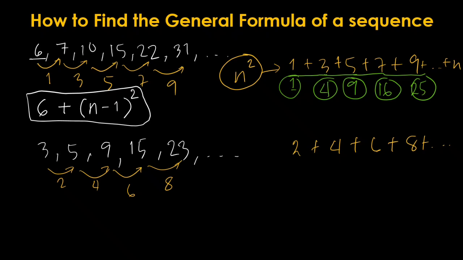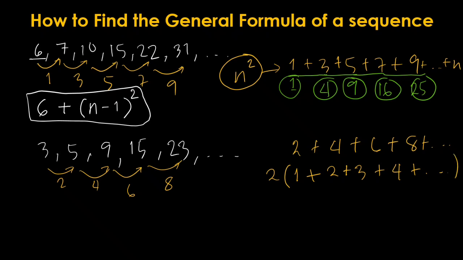Now, what we're going to do is factor out the 2 of this series. So we have 1 plus, factoring out the 2 here, it's going to be 2, factoring out the 2 here, it's going to be 3, 4 plus, and so on.